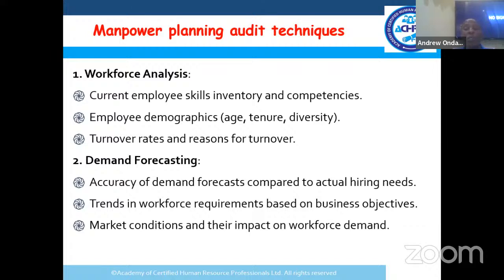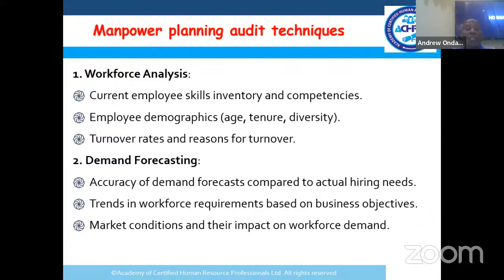Religion can also be used as a way of balancing. So when you are doing a HR audit on manpower planning, you may look at all these demographics and use them effectively. If there are any gaps, as a HR auditor, you should be able to pick them out and make recommendations.